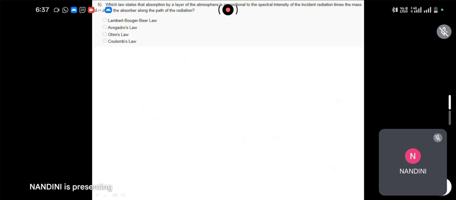We just discussed which law this is while deriving: the Lambert-Beer-Bouguer law, which gives the amount of radiation that is being absorbed as it passes through an atmosphere.